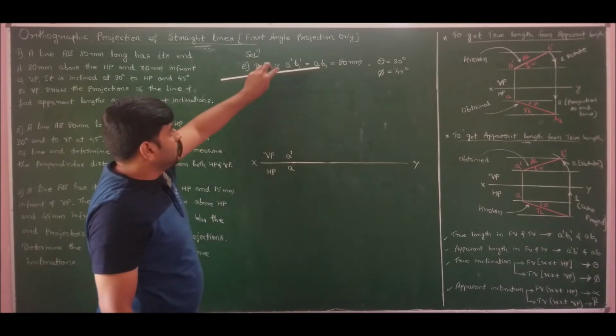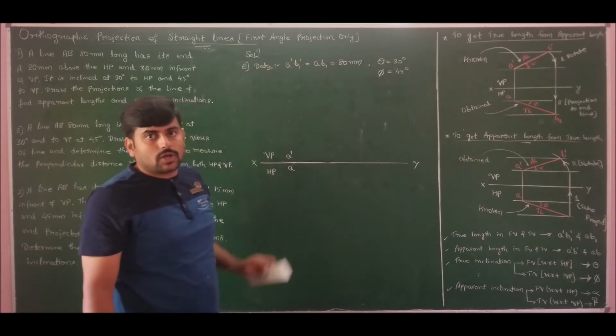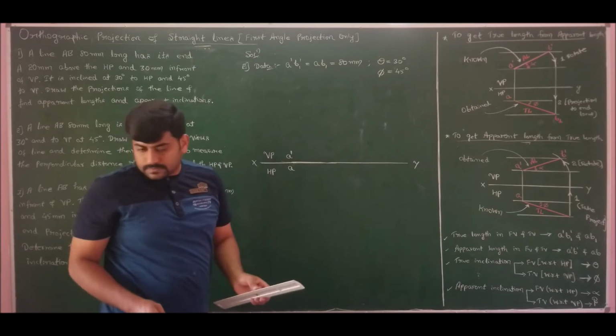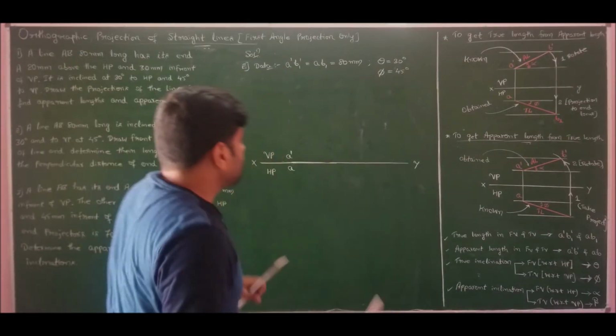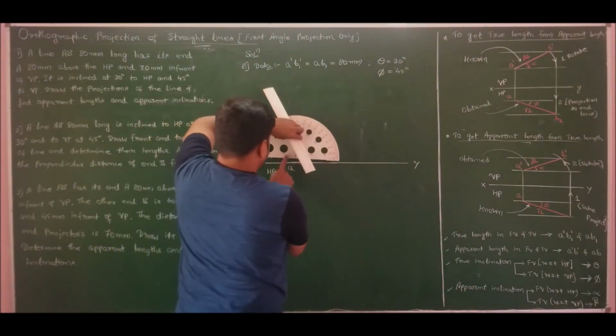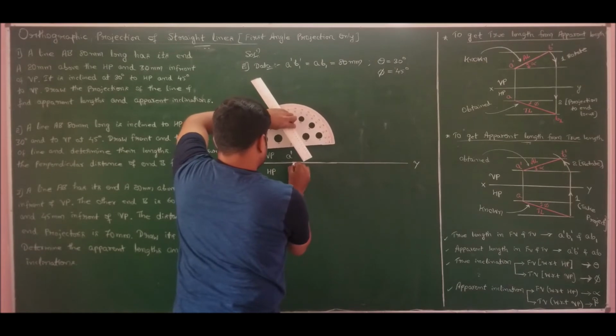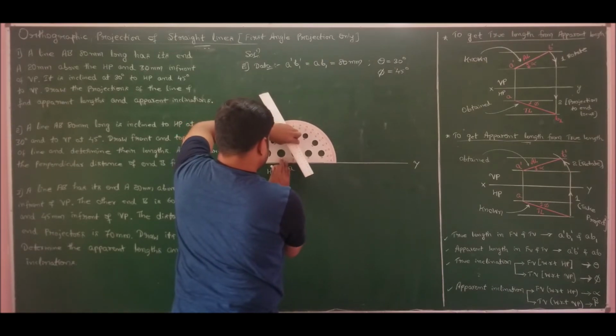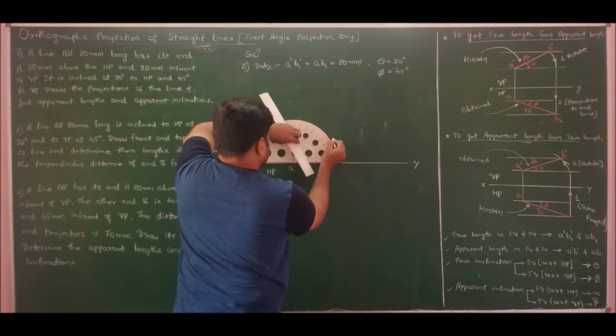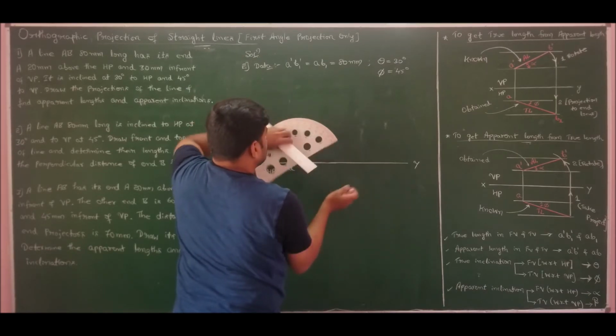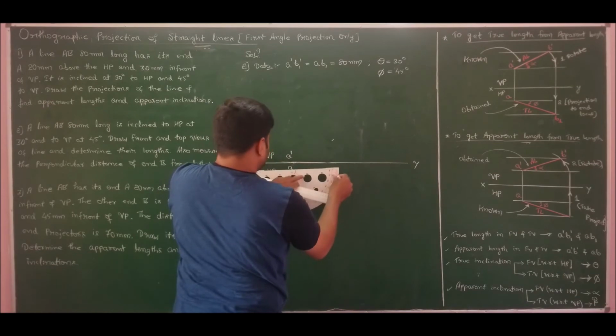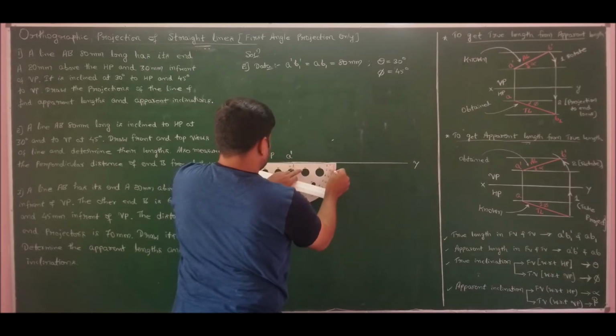Now we know the true length and true inclination. Let us draw it. So theta should be marked in VP, which is given as 30 degrees for us. 30 degrees. And phi should be marked in HP, which is given as 45 degrees.